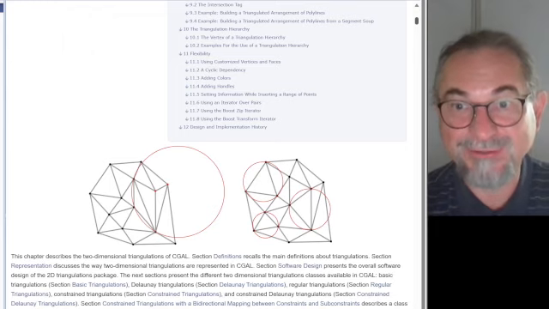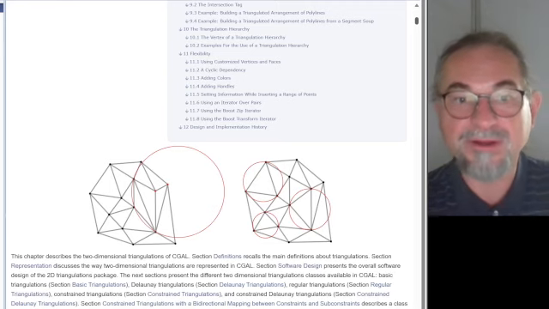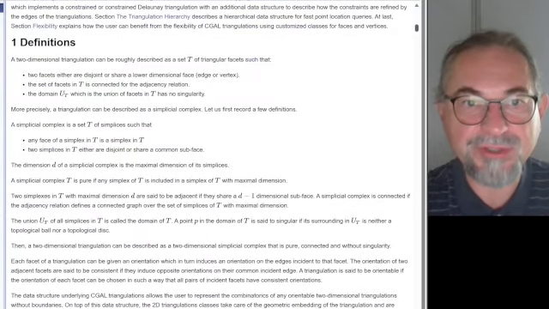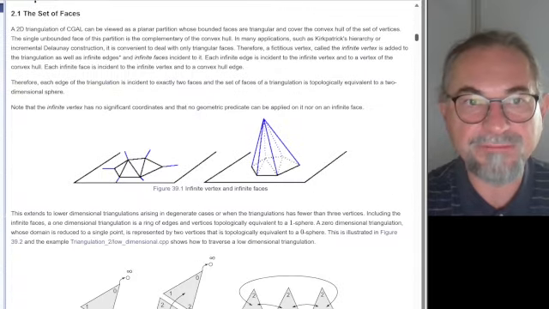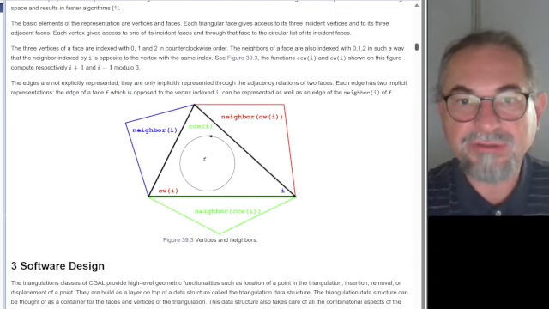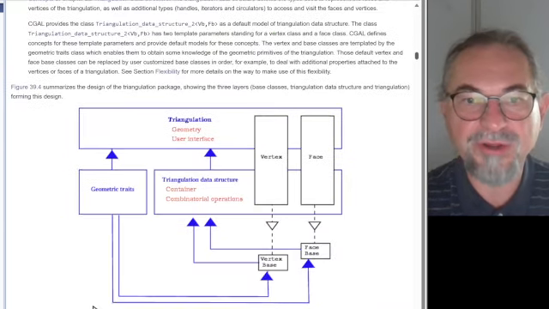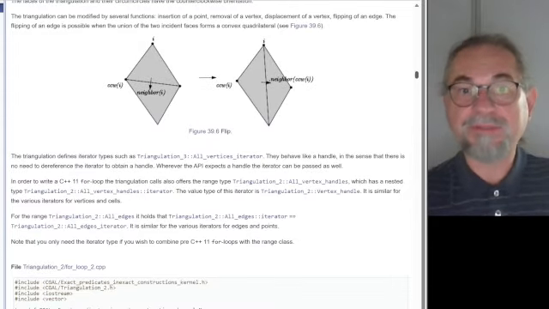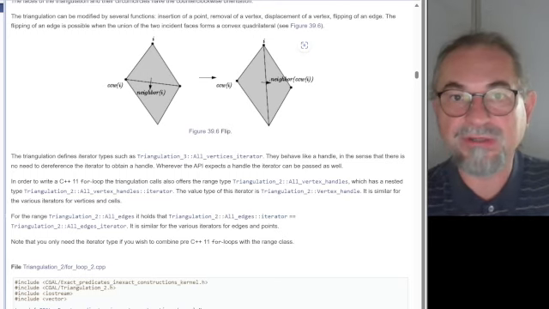We already have seen the circles from the Voronoi diagrams. They will come back here. So we can look at the pictures. Here you see definitions and data structures, so how triangulations are represented. The flips, so here you see how also the neighboring information is defined.